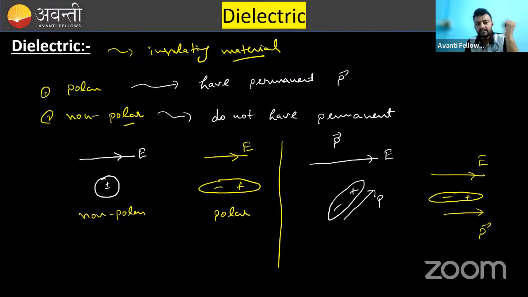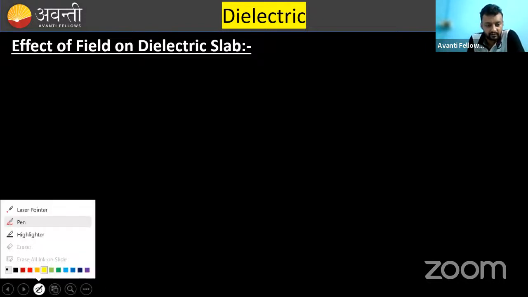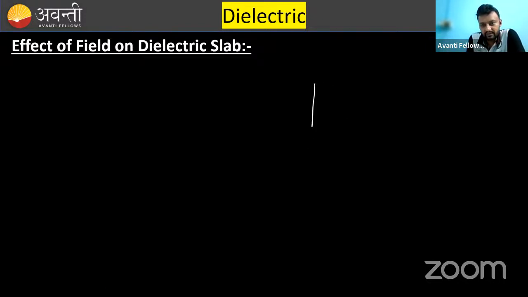Now, one more thing. This is the topic that we are discussing, the molecules. Now, what if a complete slab is placed in an external field? Let's suppose this is a dielectric slab. It may be polar, maybe non-polar. So I am just drawing it something like that.